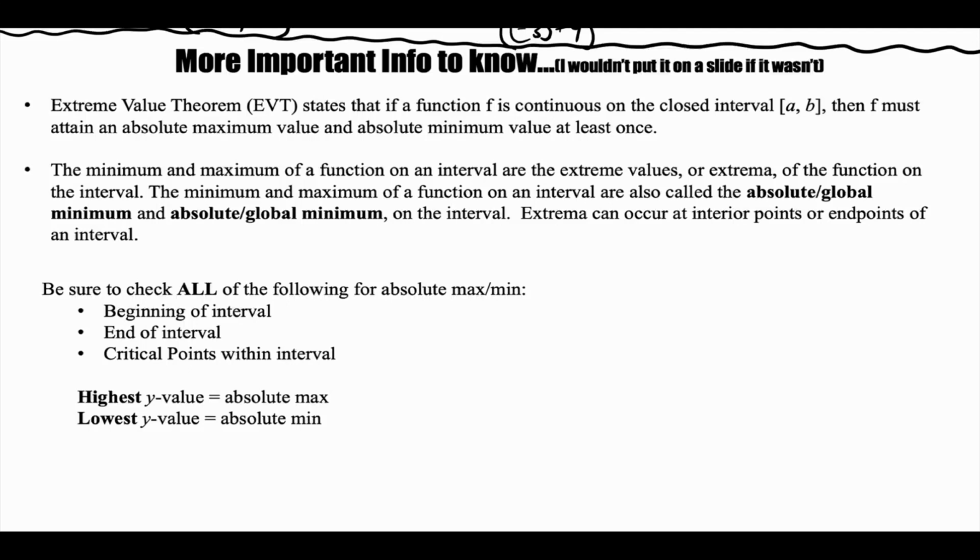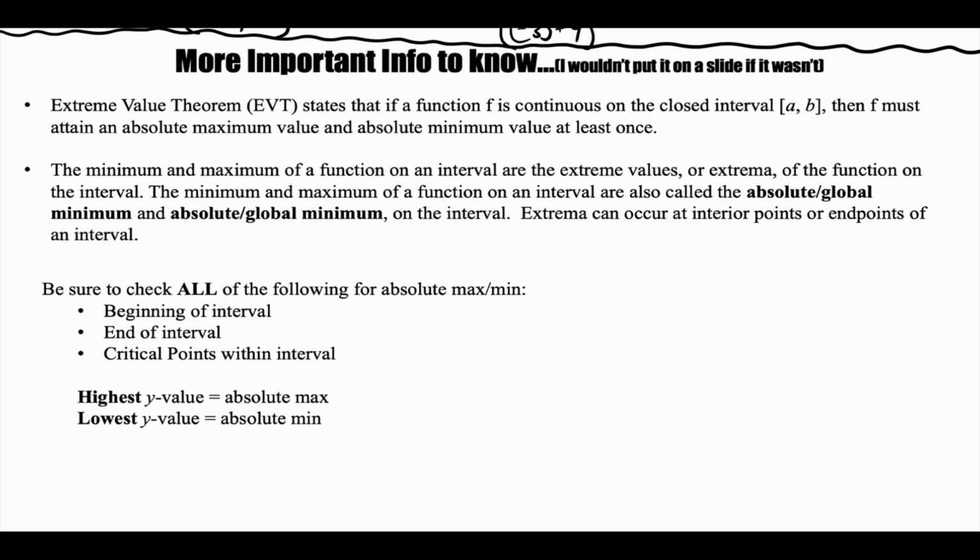So extrema can occur at interior points. Interior means inside the interval. Or it can occur where the interval starts or where the interval ends. So when we're doing this, we want to be sure to check the beginning of the interval, where it starts, where it ends, and any critical point in between. Those are the points we're going to check.